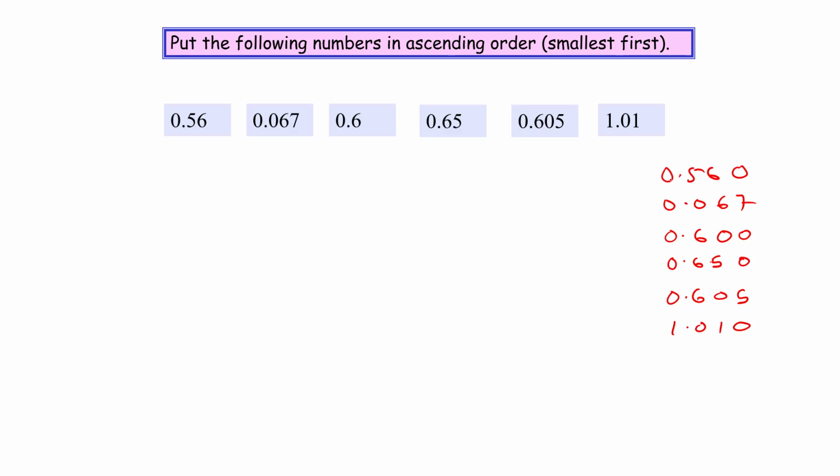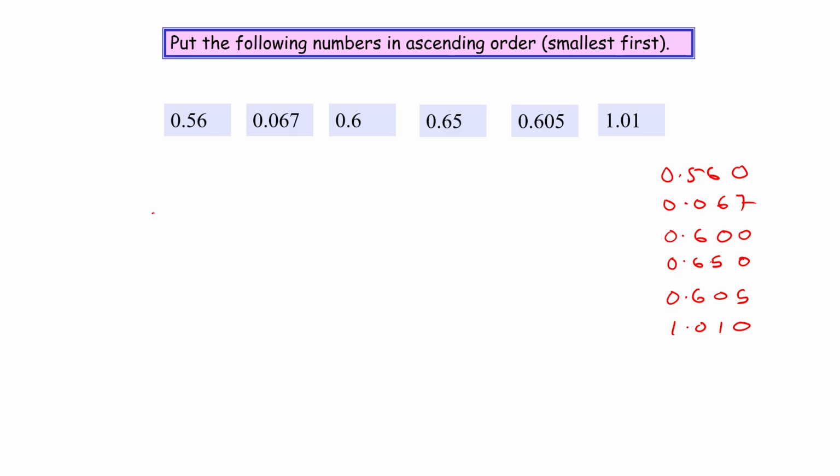Now we can check. We look down this first column here, and they're all zeros apart from the last one. So that's clearly our largest number. Then we look down the next column, and we've got 5, 0 and 6s. So our smallest number is this one here, 0.067.